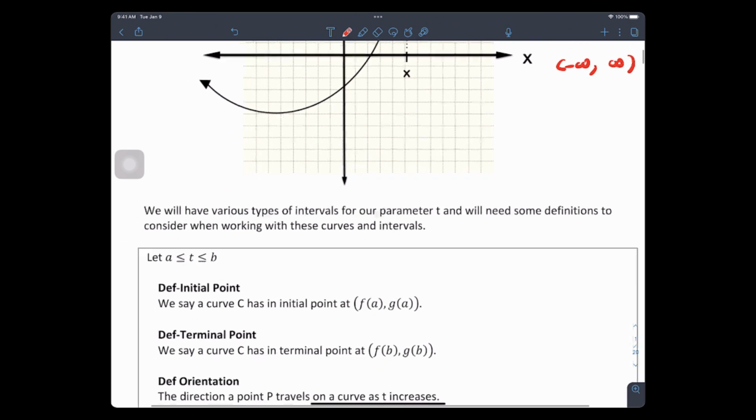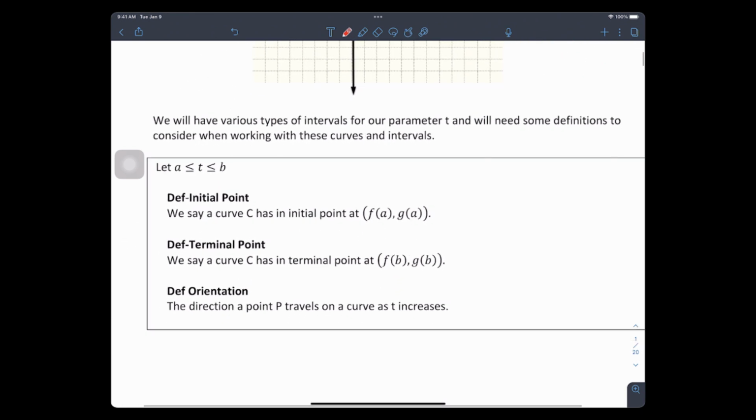And so what you'll have here, this is defining t in terms of a closed interval. You have the definition of what we call an initial point, IP. And we say a curve has an initial point at f of a, comma, g of a.